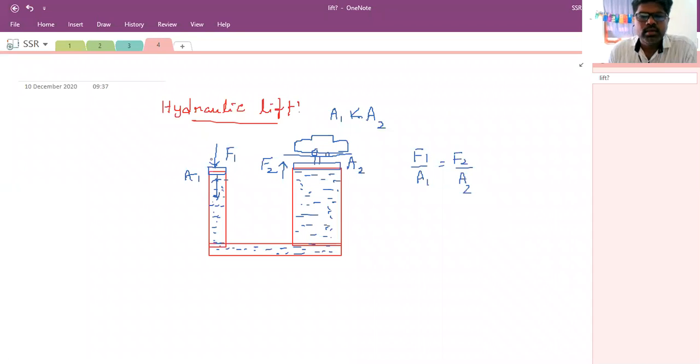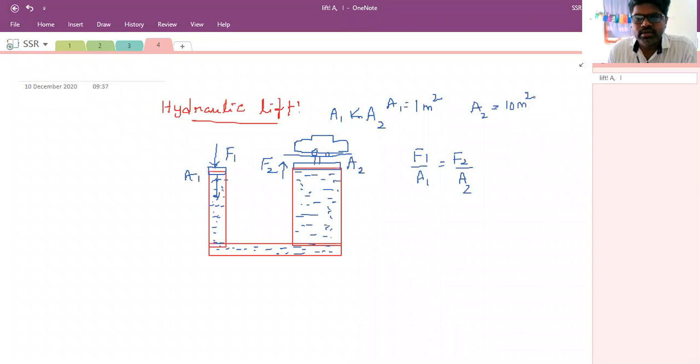Then if F1 is applied, how much F2 will come? Suppose area A1 is a small area, 1 meter square area of cross section, and area A2 is 10 meter square.